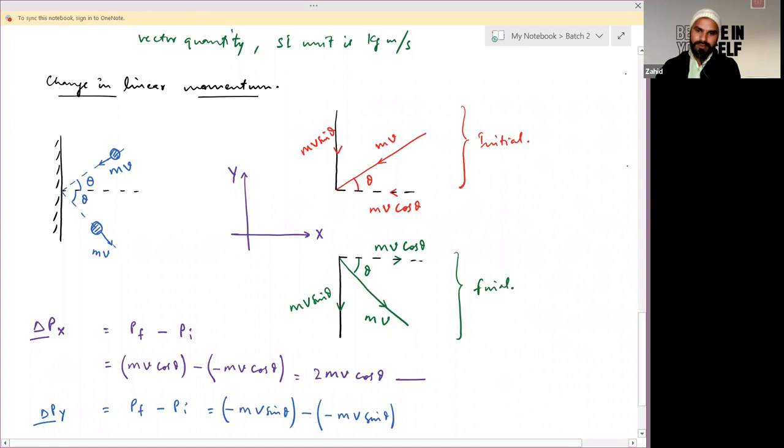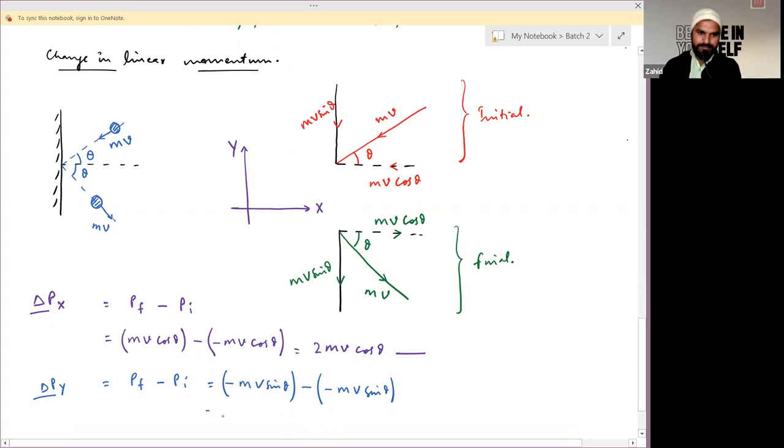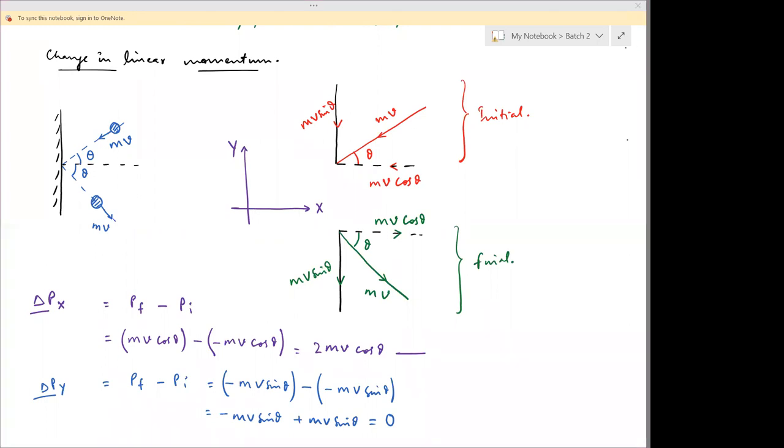This minus and this minus will become plus. So you'll get minus of mv sin theta and plus of mv sin theta. These two terms will get cancelled out, so it will be just 0. Is it clear? Yes, sir. Just write it down till this part. Done, sir.